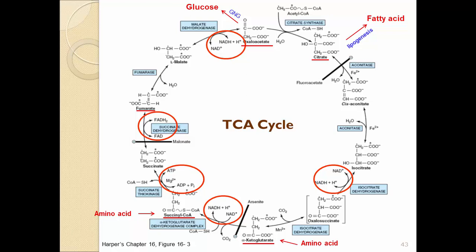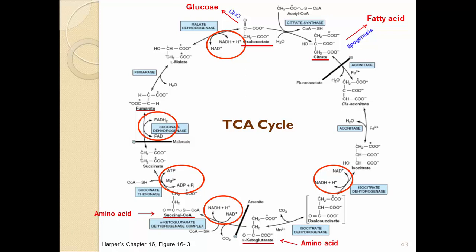Two, yes, thank you. Two acetyl-CoA molecules are produced from oxidation of one glucose molecule. So when you calculate ATP, keep in mind you need to double the ATP per one TCA cycle.